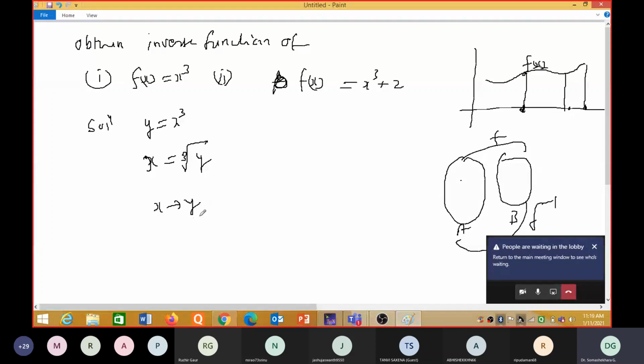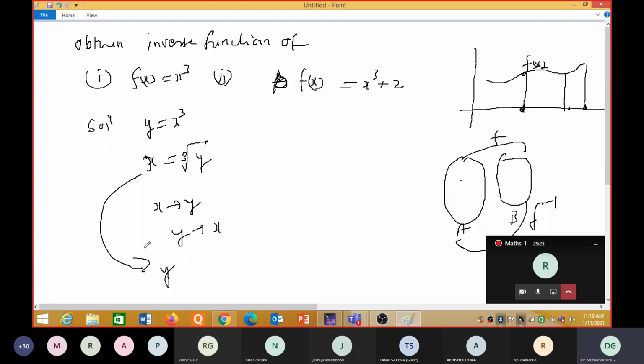See, this is the step. X will become y. Y is equal to cube root of x. So this cube root of x, this is actually f inverse. Therefore, f inverse is equal to cube root of x. So like this, we can find the inverse of a function.